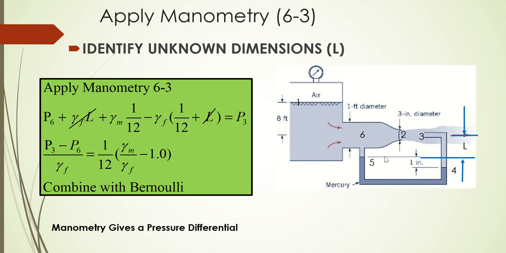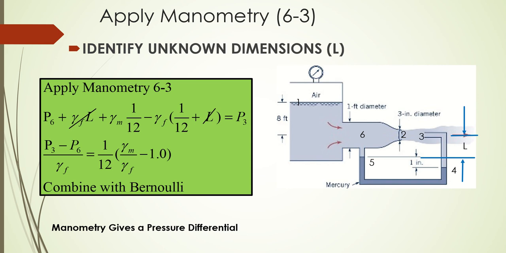I know the distance between point 5 and point 4, but I do not know the distance between 6 and 5. So if I apply manometry between 6 and 3, I know that I always start with point 6.